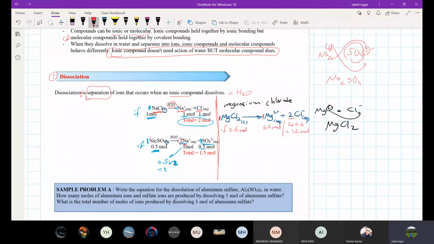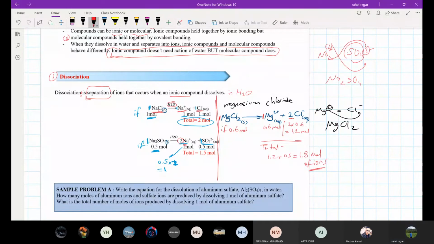So we have 1.2 mole of Cl negative and 0.6 mole of Mg. Together, the total, 1.2 plus 0.6, we have 1.8 total moles of ions.